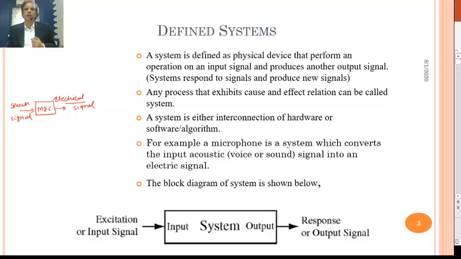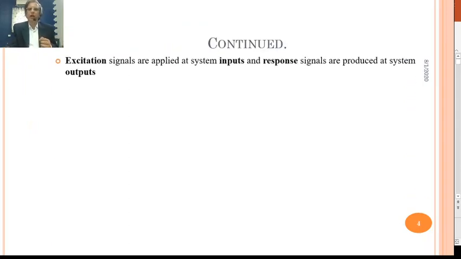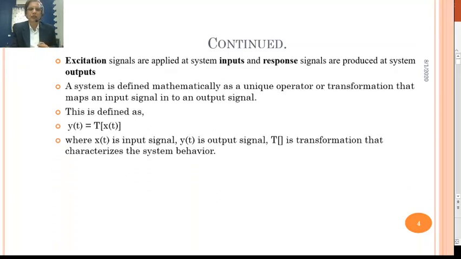Now the block diagram for the system is: this is the input and this one is the output. Input is also called the excitation or the input signal, and output is called the response or the output signal. And the input and the output signal is written as y(t) equals T[x(t)], where x(t) is the input signal and y(t) is the output signal, and this T is the transformation, that characteristic that system behaves.